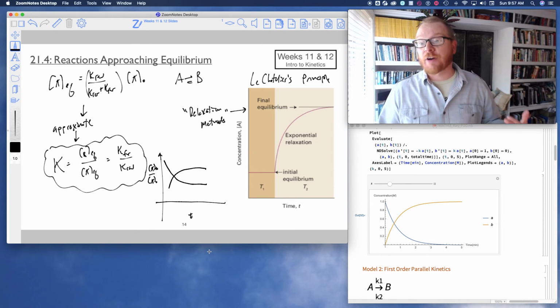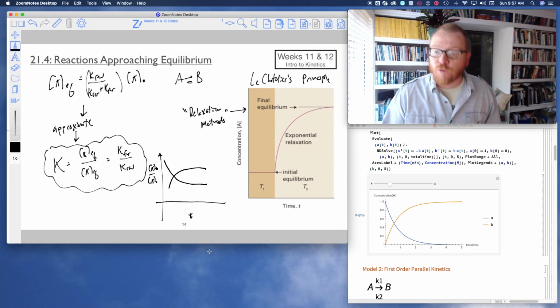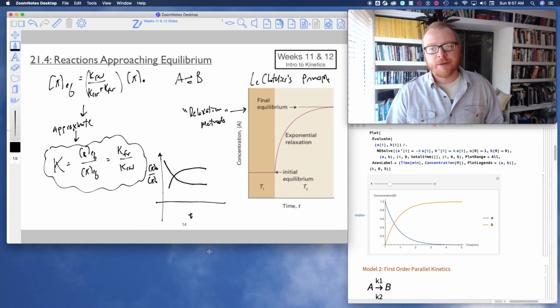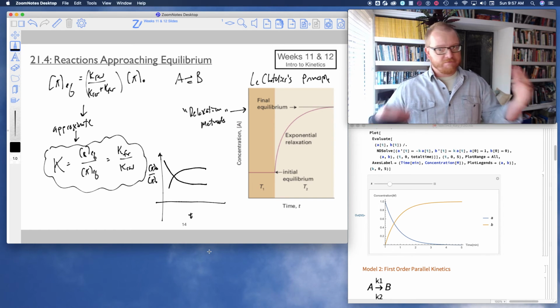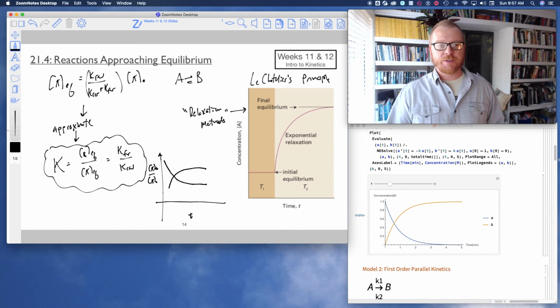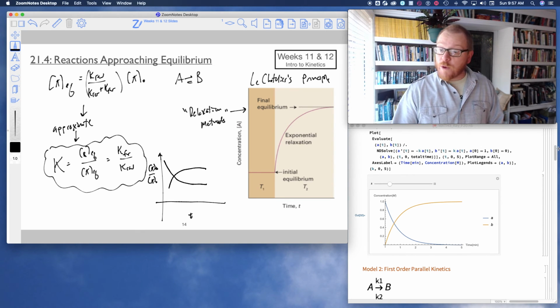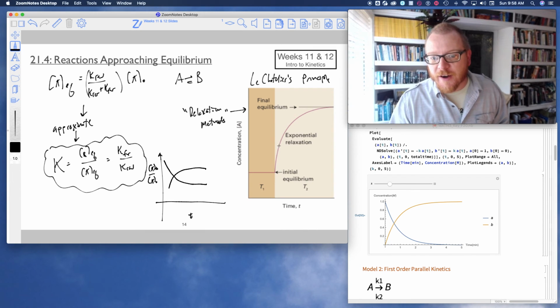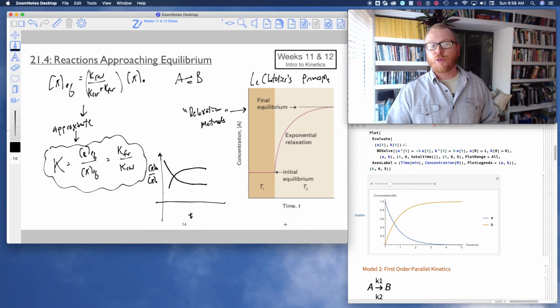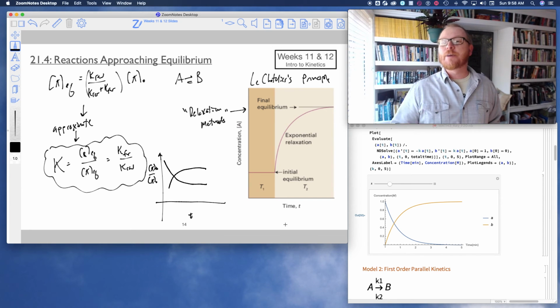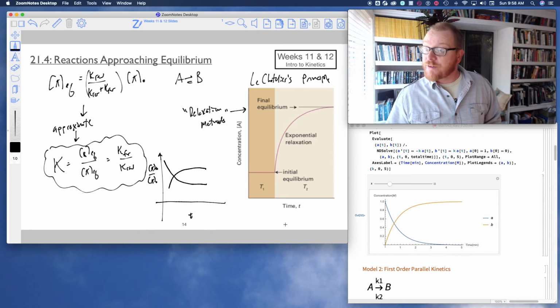Perhaps we change the temperature of the reaction, or we add more reactant, or we change the volume, right? A number of things that we could do to perturb this equilibrium, okay? Then what we would observe, depending on how we've perturbed the equilibrium, is another exponential either growth or decay, depending on which way we've shifted the equilibrium, okay?